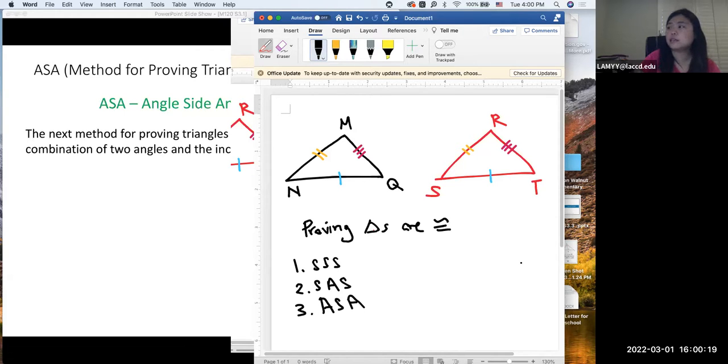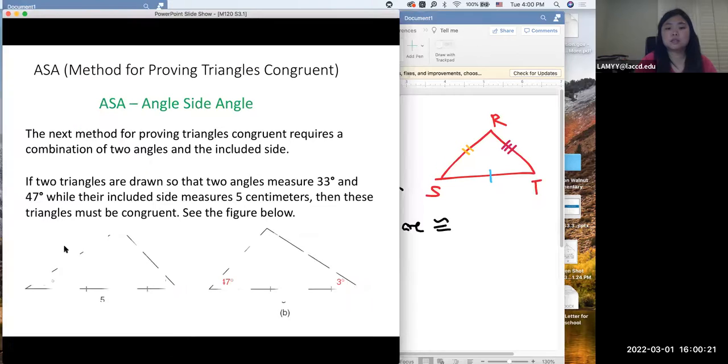For example, I have an angle A, the side 5, and then the angle 47, ASA. So these two triangles are congruent.